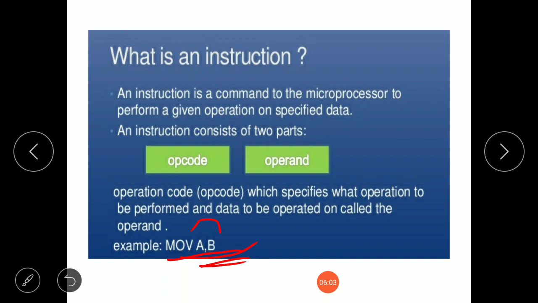Whenever I say the operand is an 8-bit or 16-bit address, it means it is the content of that address. So what is operand? Operand is the data on which the operation is going to be performed. And what is opcode? Opcode tells the microprocessor what type of operation needs to be performed.